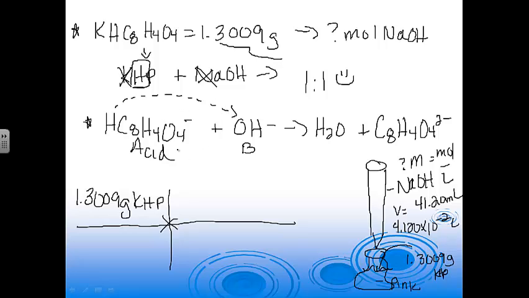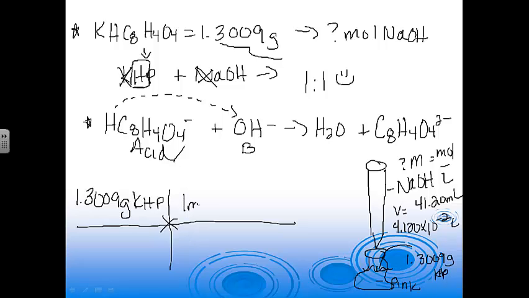It reacts with the acid, reacts with the acid, reacts with the acid. As soon as you use up all of the acid and you add extra hydroxide, it turns the phenolphthalein pink. I'll show you an example of that and what it looks like. That's the chemistry, which is why we do the labs at the end, to give us our practical experience. So we still have to come back here and do our math.